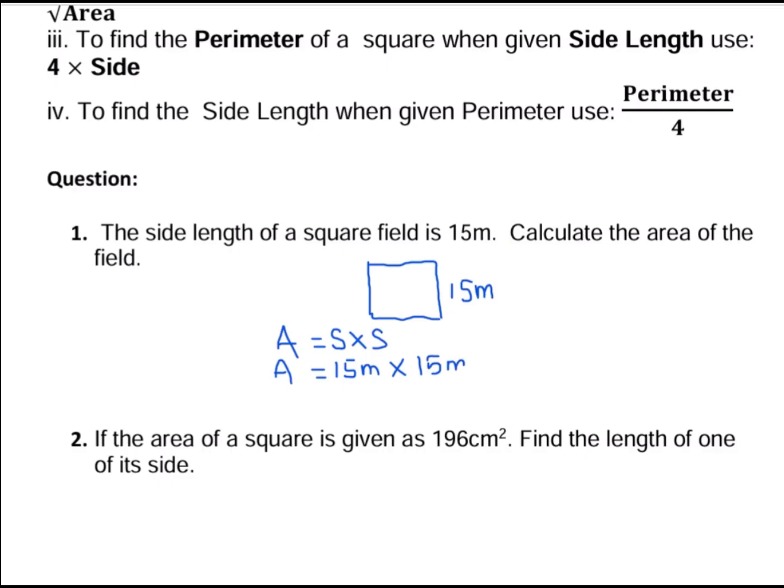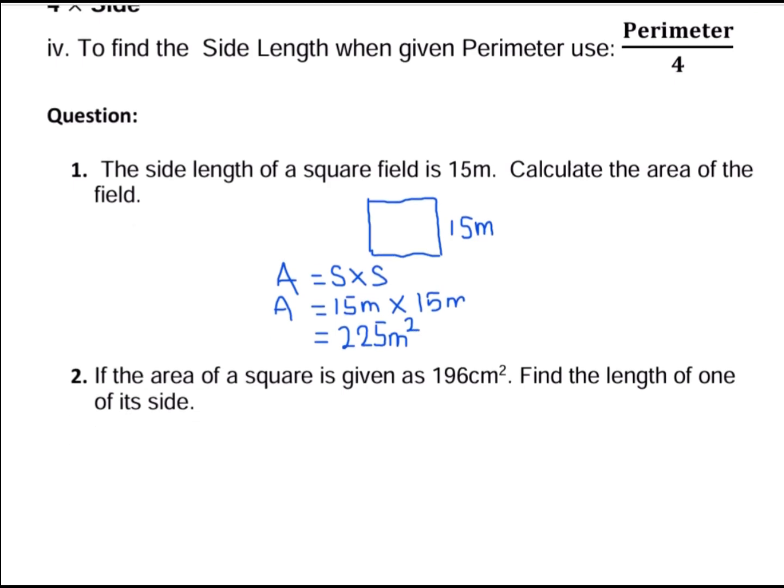And that is going to give 15 times 15, that's 225 meters squared. So don't forget meter times meter, that's that. So let's go to question number 2.